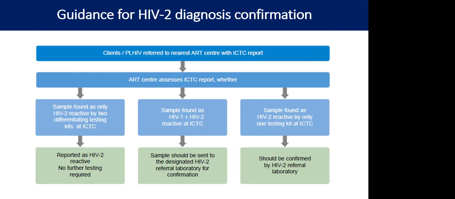So if it is reactive only to HIV-2 by 2 differentiating test kits, then it has to be taken as HIV-2 infection, recorded, and ART has to be started, and no further testing should be done. This is important. If it is confirmed by 2 differentiating tests at the ICTC, as mentioned in the ICTC report, don't refer the patient for HIV-2 diagnosis.